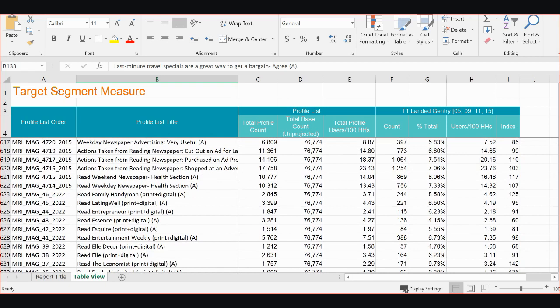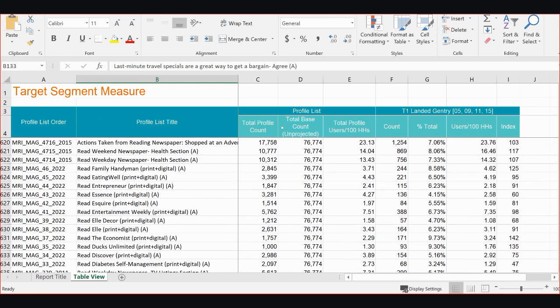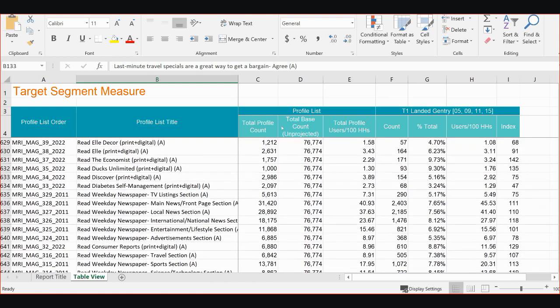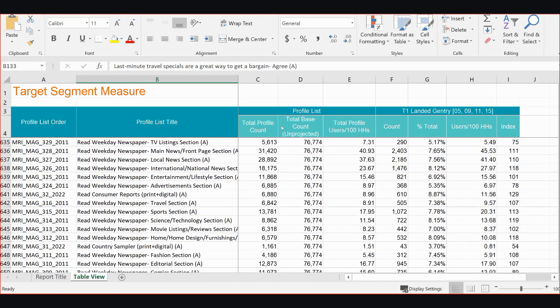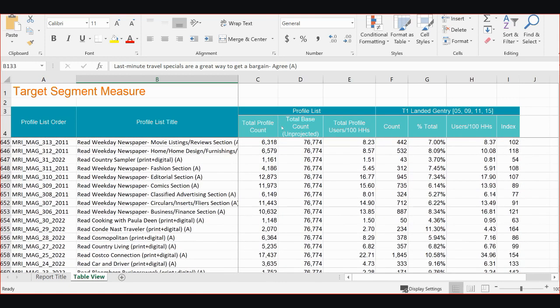I also wanted to know what magazines and newspapers they were looking at. So this is telling us it's both the print and the digital, so this can tell you where's a good place to put an advertisement. We have Country Living, so all of these different magazines.